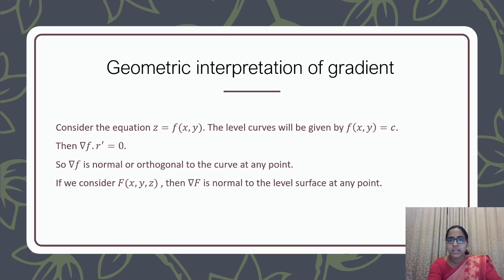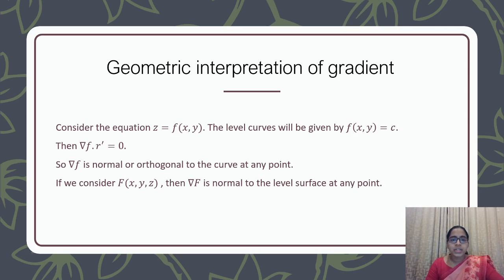In the two-dimensional case, grad f will be normal to the level curves at that particular point, and in the three-variable case, grad f will be normal to the level surface at the point.